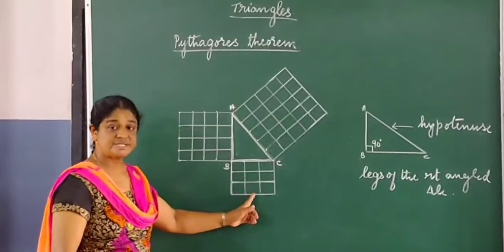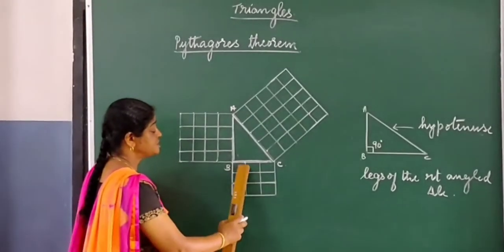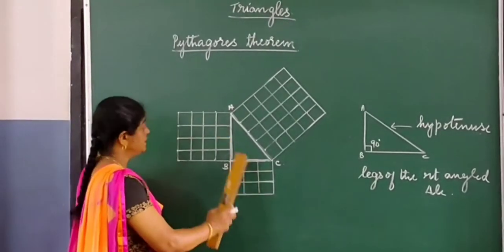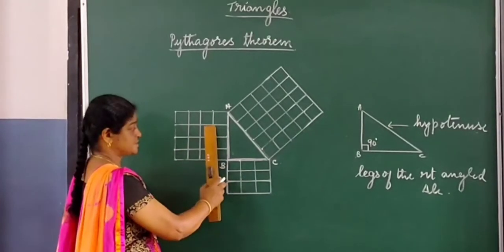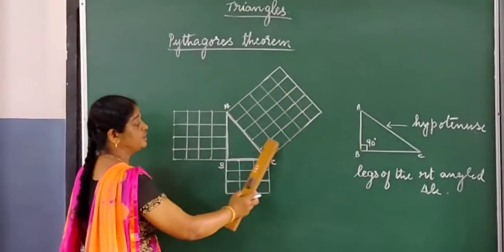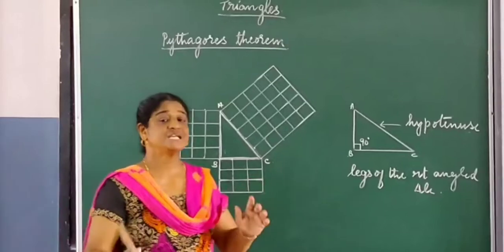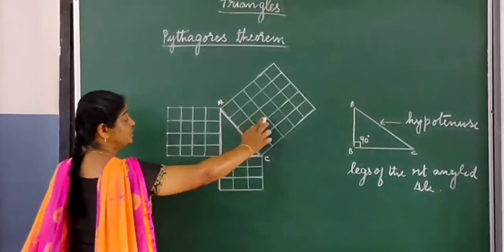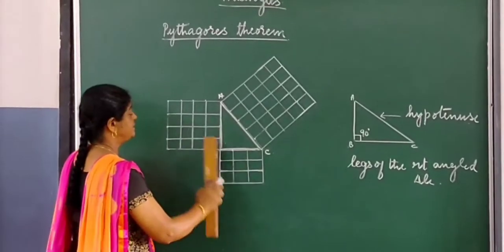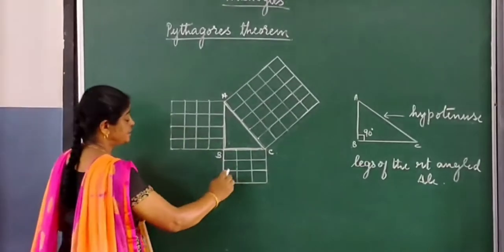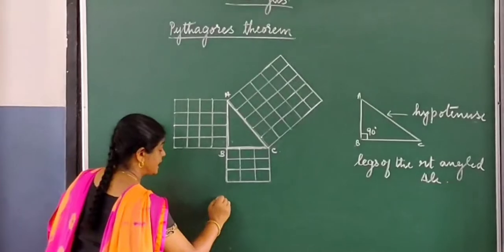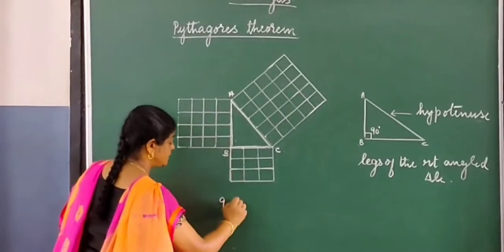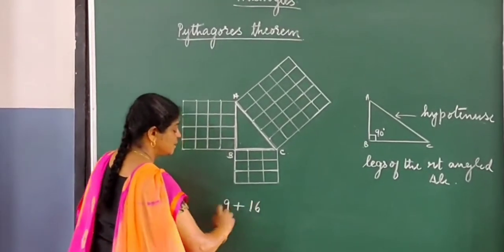And how many squares are there? You have 9 squares inside this. Here you have 16 squares. And here you have 25 squares. So we will see what is the relationship now, how they are connected. Can you see here? 25 squares. Here you have 9, here you have 16.